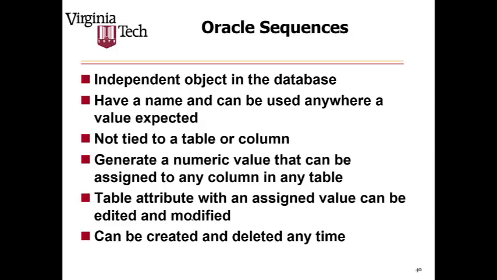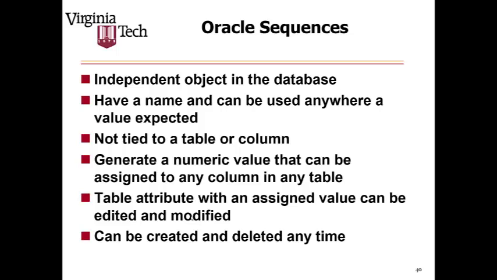So Oracle doesn't have that feature. What it has is a way to generate a number, and then you use that number that you generate as a value in your insert statement, whenever you create a new row in a table.